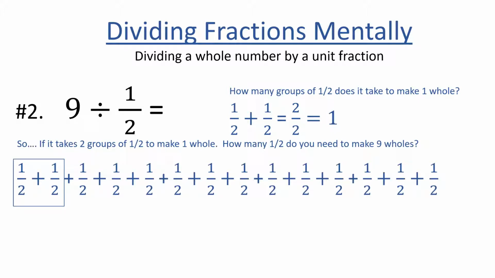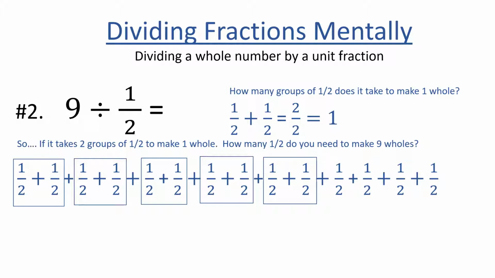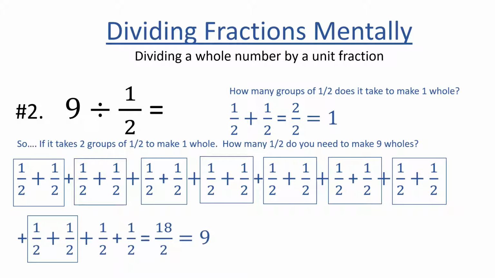1/2 plus 1/2 equals 2 halves, which equals one whole. 4 halves equals 2 wholes. 6 halves equal 3 wholes. 8 halves equals 4 wholes. 10 halves equals 5 wholes. 12 halves equals 6 wholes. 14 halves equal 7 wholes. 16 halves equal 8 wholes.